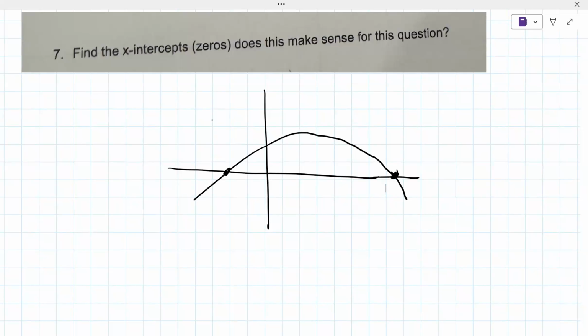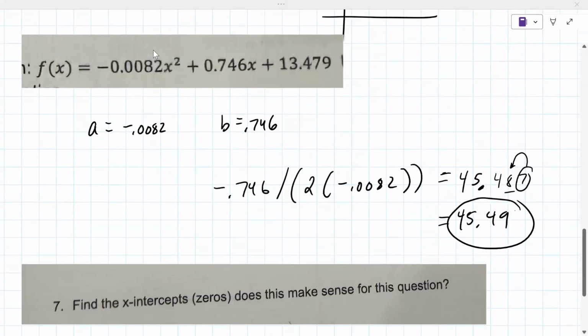Do you have your calculator out? Yep. Okay. I'm going to get mine out and share my screen and graph this equation. Give me just a moment to get that up. All right.